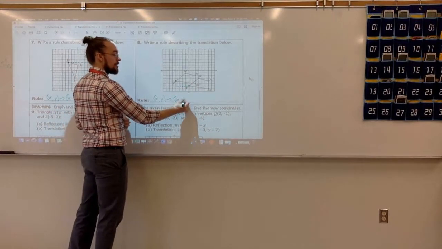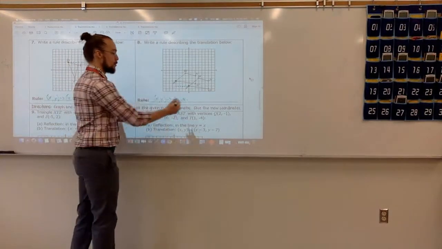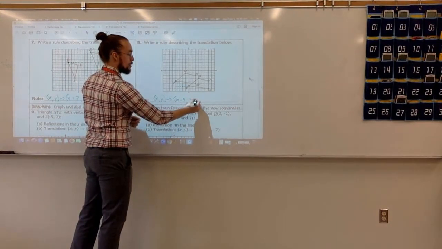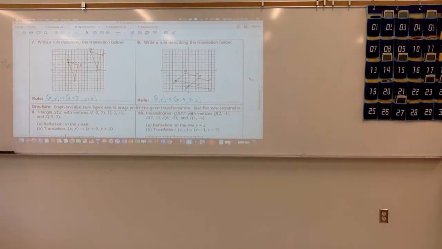So I would write that as x minus 4, and then I'm going up 2. So I would write that as y plus 2. Okay. Any questions on writing the rule given a pre-image and an image?